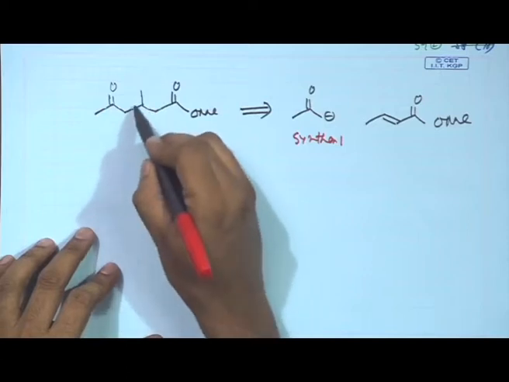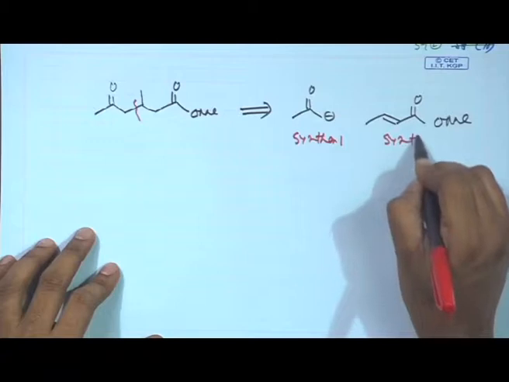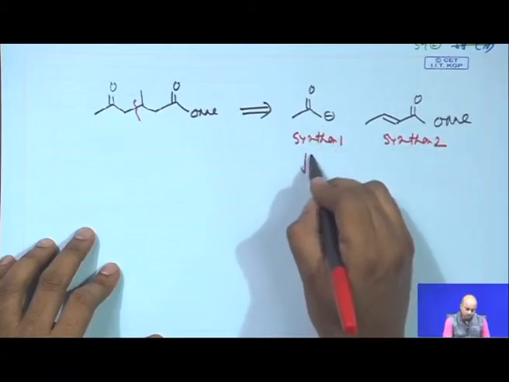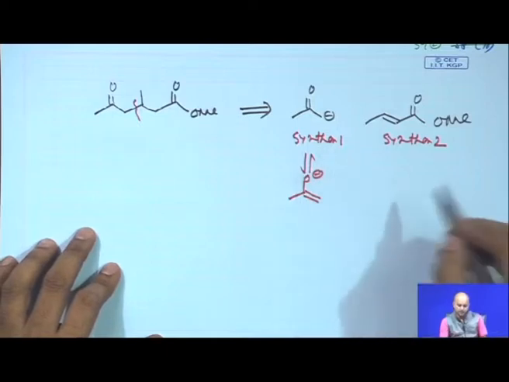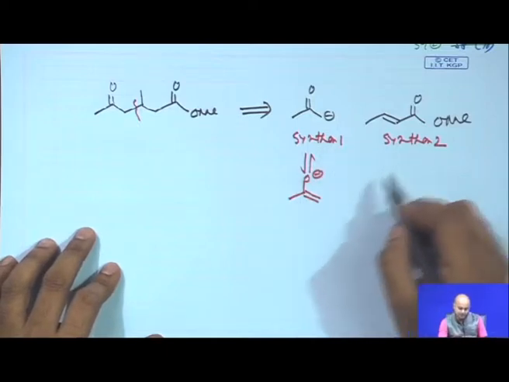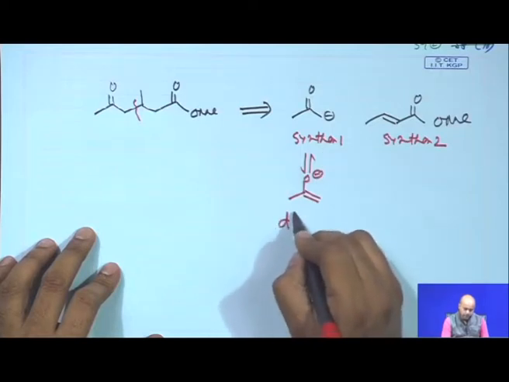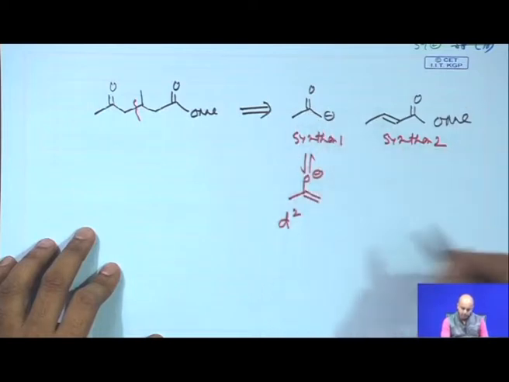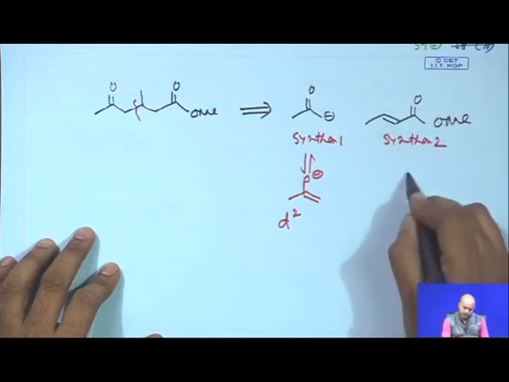We do a disconnection there and this is your synthon 2. This one is very stable, a enolate anion, and this is your Michael acceptor. This is termed a D synthon, so you can call it D2, the 2 carbon, and this is the acceptor system.